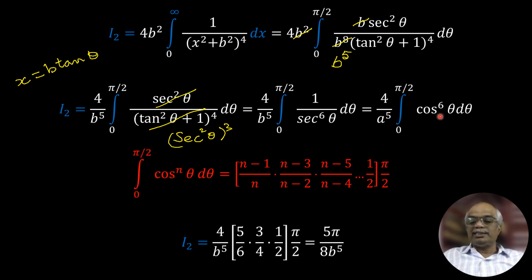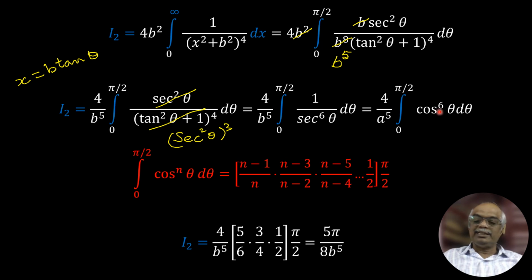So cos power 6 theta d theta, you apply this. See, this is also even. So for even n, the integral 0 to pi by 2 of cos power n theta d theta is (n minus 1)(n minus 3)(n minus 5) and so on, and in the denominator it is n minus 2, n minus 4, up to 2 it will go.